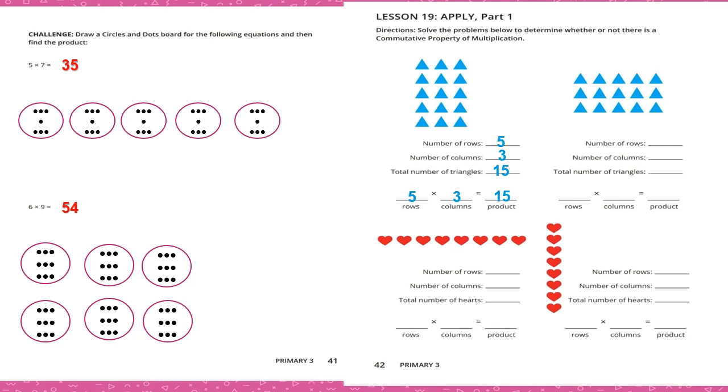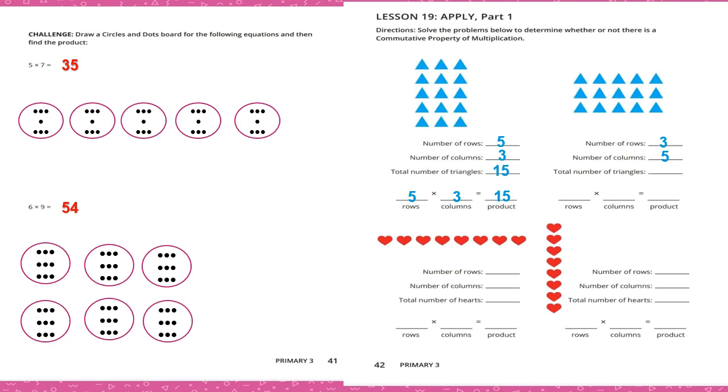Here, another array. How many rows do we have? Let's count the horizontal lines. 1, 2, 3. What is the number of columns? 1, 2, 3, 4, 5. 5 columns or 5 vertical lines.